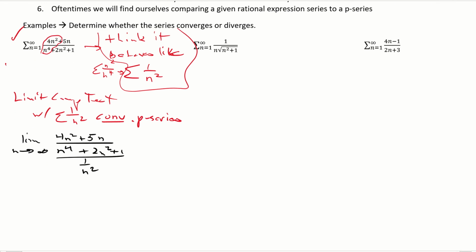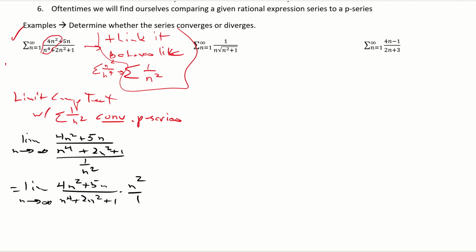Now I typically skip that and invert and multiply next. It's equal to the limit as n goes to infinity, and I'm writing it again because I'm instructing you. Invert and multiply: n squared over 1.